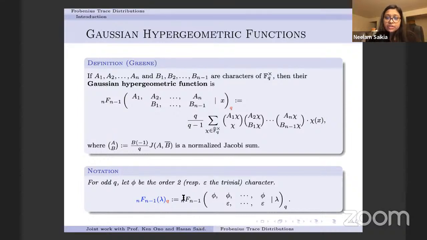Then we use this notation n F n minus 1, with suffix q. It is defined as Green's hypergeometric function, where this function involves only trivial and quadratic characters. And it is important to note that we use the suffix q every time, just to make sure that we are in the finite field setting. Whenever we use this notation q, it is guaranteed that we are in the finite field setting. Okay, so this is our notation for the rest of the talk.